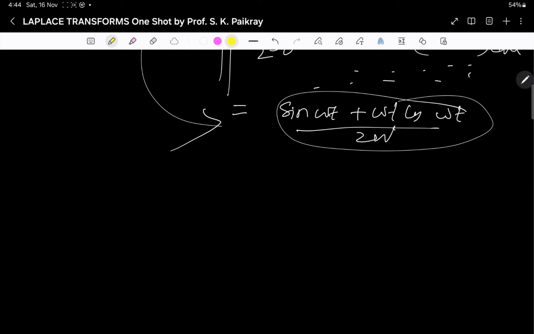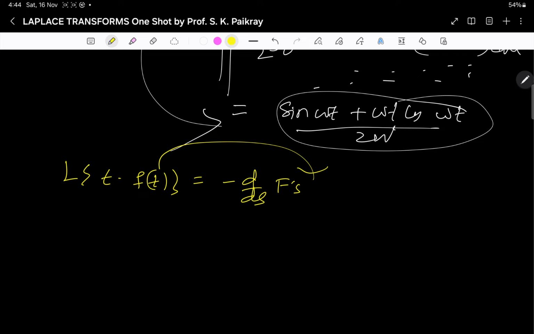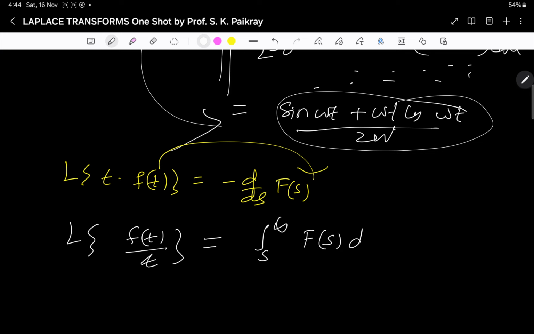Now recalling another formula, as you know, Laplace of t f(t) is minus the derivative of the Laplace of F(s). Likewise, if f(t) is divided by t, then naturally it is the integral from s to infinity of F(s) ds.